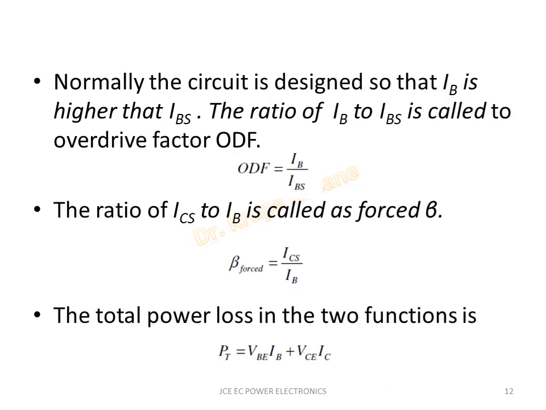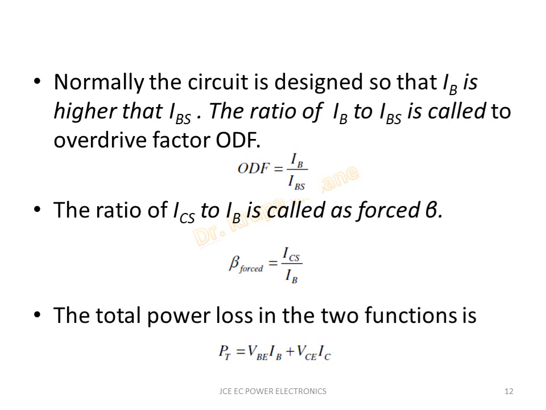Normally the circuit is designed so that IB is higher than IBS. That is, I go into hard saturation. So IB is sufficient to make the transistor go into saturation, but I should not stop there.